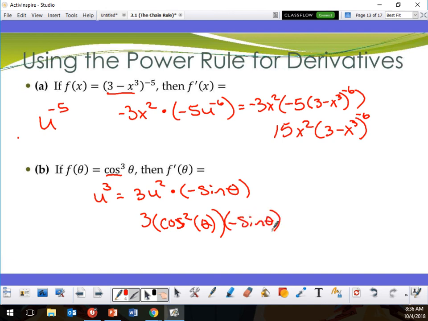So take care of the negatives, right? So it's going to give me a negative 3 cosine squared theta sine theta. Is it easier to do this when we consider our outside part, the u? Is that easier? Maybe?